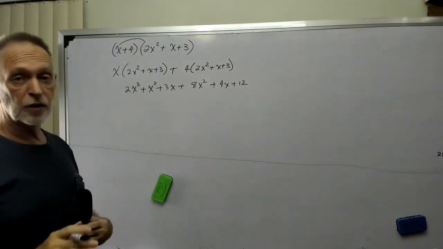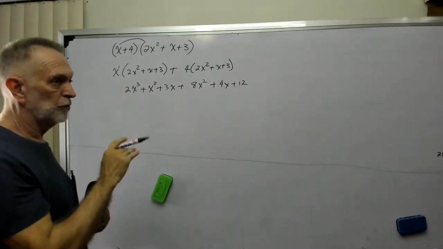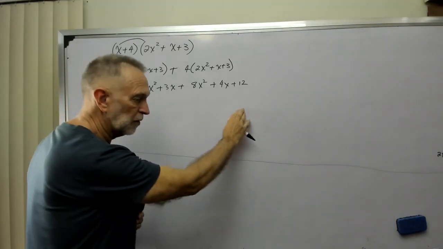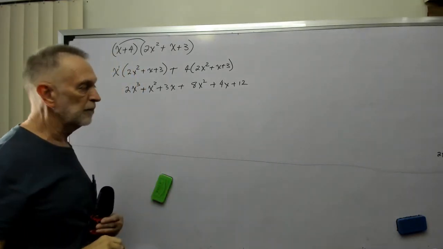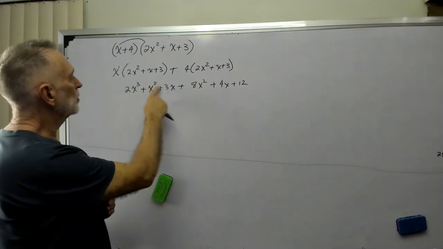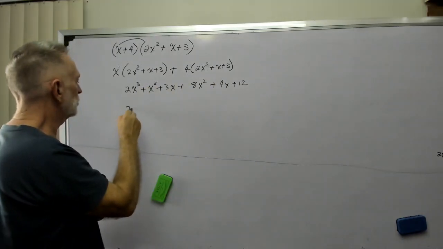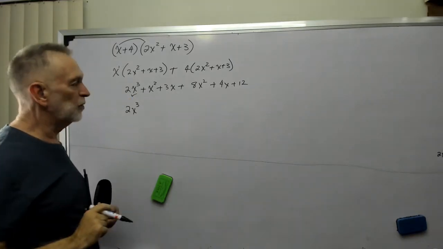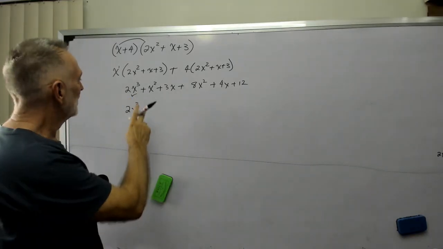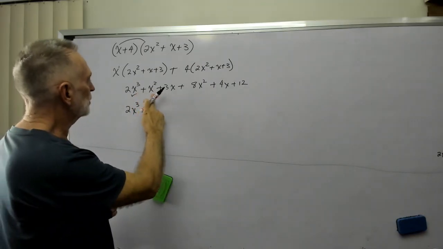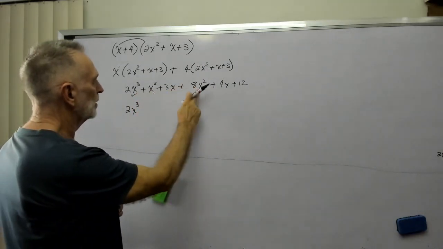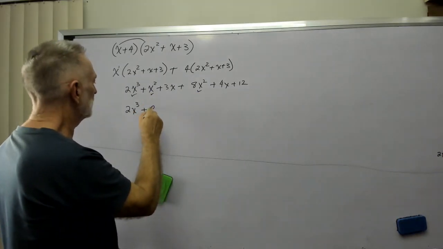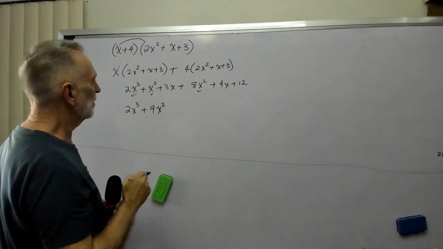Now let's collect terms. And you want to list these in descending order of power, so highest to lowest power. So cube terms only have that one, so 2x cubed. I'm going to put a tick mark under it so I'll know that I've used that term. Now we should be looking at x squared terms. So I have 1x squared plus 8x squared, which is a positive 9x to the second power.